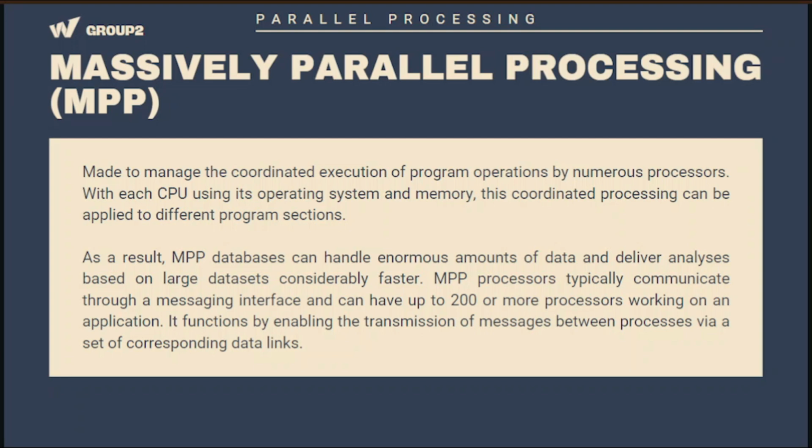It also refers to a system with a large number of interconnected processors, which work simultaneously on an assigned task. So they can handle computationally intensive problems by dividing the workload across multiple processors. These architectures are commonly used in supercomputers and high performance computing clusters.